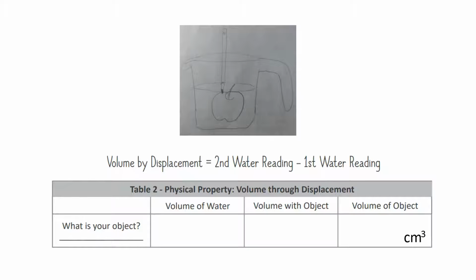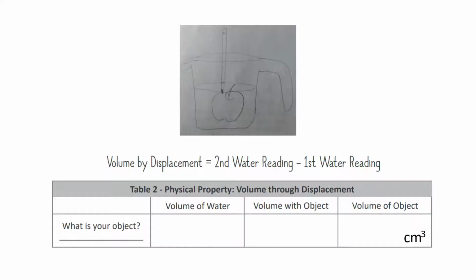Oh yeah, place a marble or other small sinkable object into the cylinder or the measuring cup like we did, and then note the volume again. So you're going to measure the water, the volume of your water. You're going to put that here. Just the water. Then you're going to measure the volume with the object, and then you're going to subtract them, right?